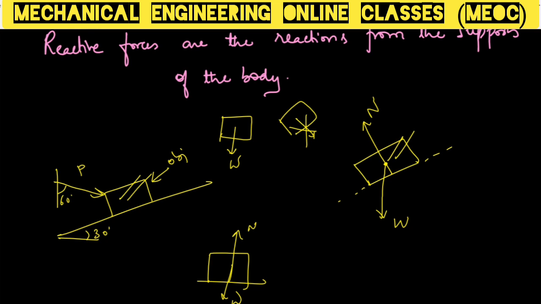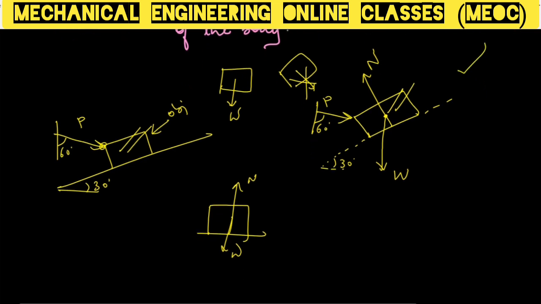And P was at this particular point, and P is here. And it is making 60 with respect to vertical. This is 30 with respect to horizontal. So drawing FBD of an object this way will be entirely different from drawing an FBD like this.